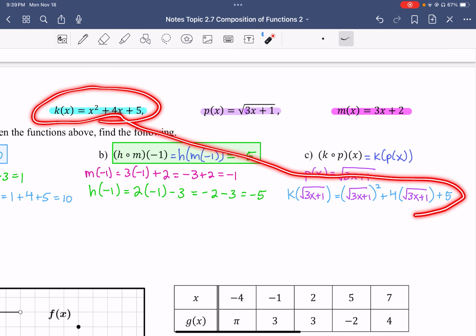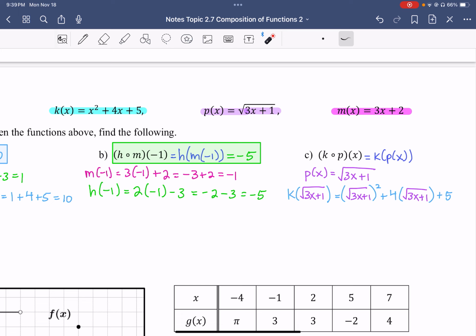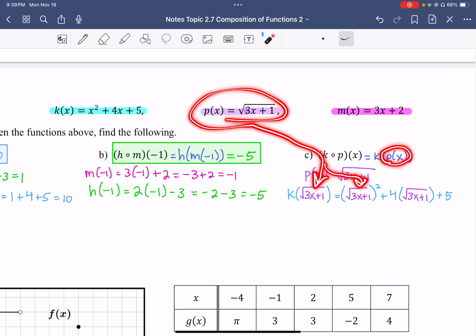I want to show you that these two circled in red are the same, except that instead of x, we have now plugged in the square root of 3x plus 1. But this was k of x is x squared plus 4x plus 5. Just that those three x's are now replaced with the equation of p of x. So that p of x is going inside of all the variables that used to be x.